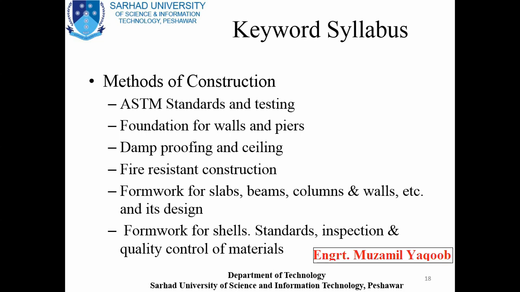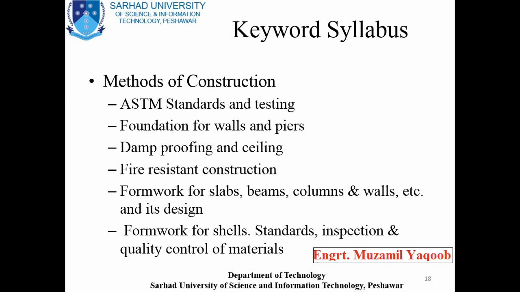ASTM stands for American Society for Testing and Materials. It is an international standards organization that develops technical standards for materials, including construction materials. So we will study them, including their testing standards and procedures as well.